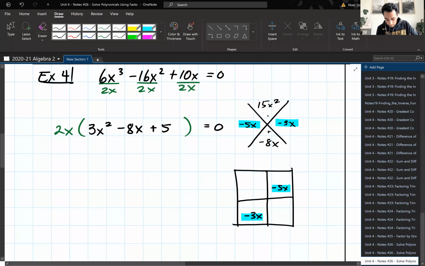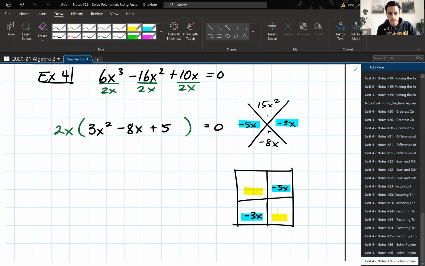Okay. Now, what term am I going to use in the first box and in the last box? No, I don't reuse negative 8x.